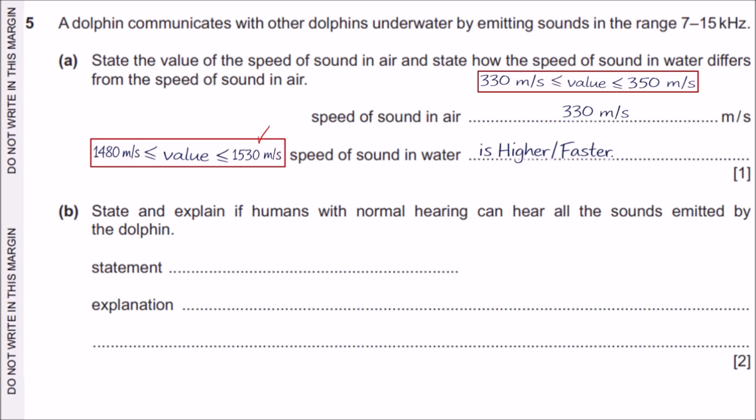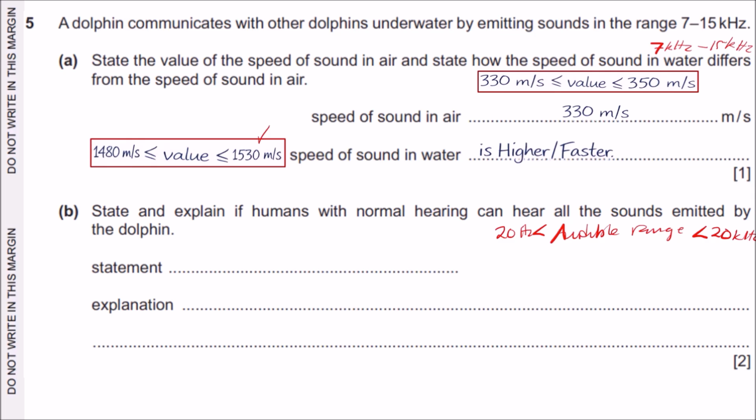Part B. State and explain if humans with normal hearing can hear all the sounds emitted by the dolphin. Now, for you to answer this question effectively, you need to know that the audible range ranges from 20 Hz to 20 kilohertz. With this, you now compare the frequency of 7 kilohertz to 15 kilohertz.